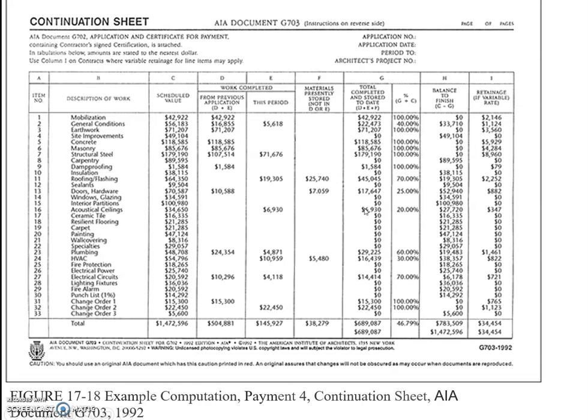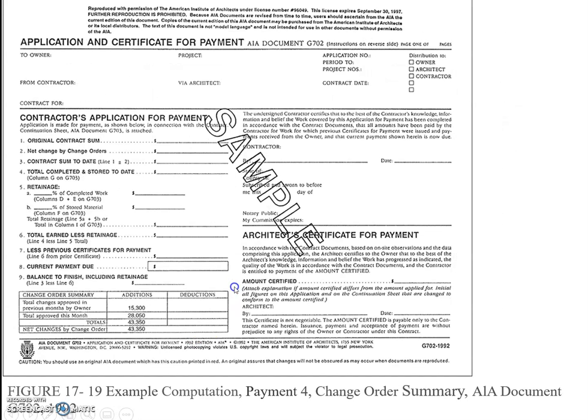The three change orders have been added, and the total of this column C scheduled value reflects the current contract price. Okay, so the contract price will increase as a result of the change orders.